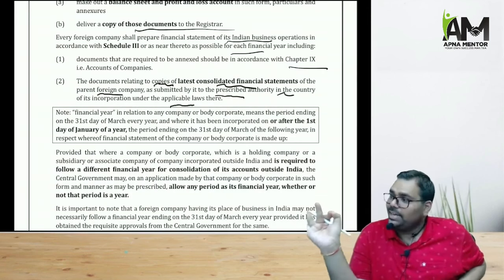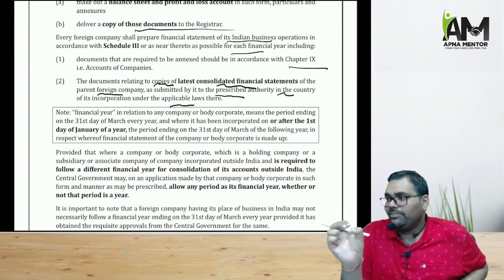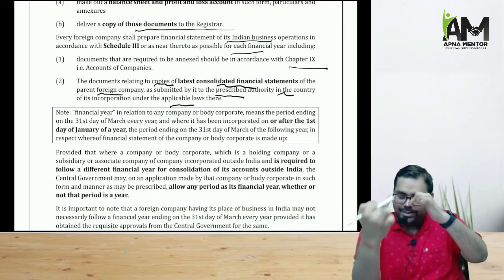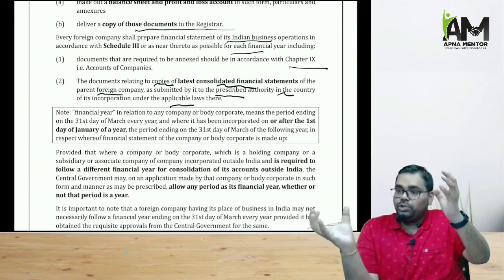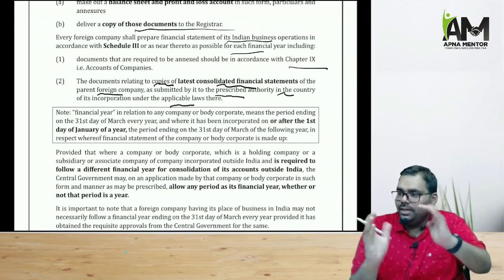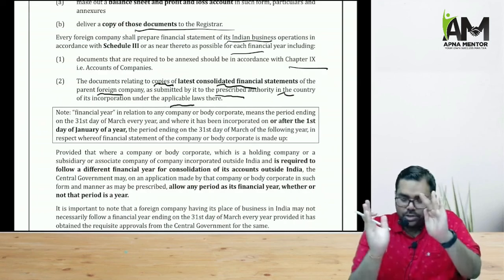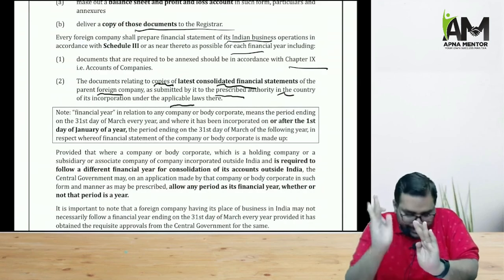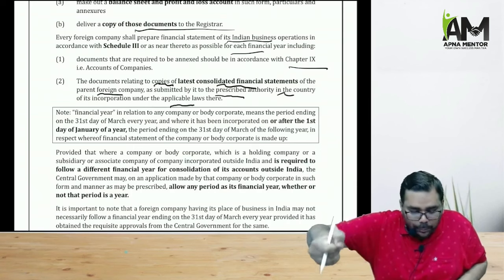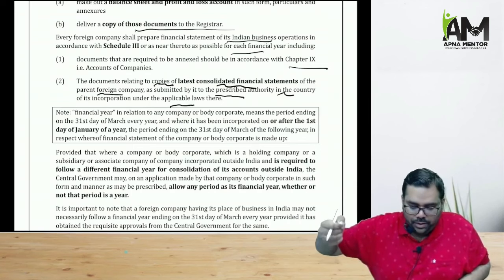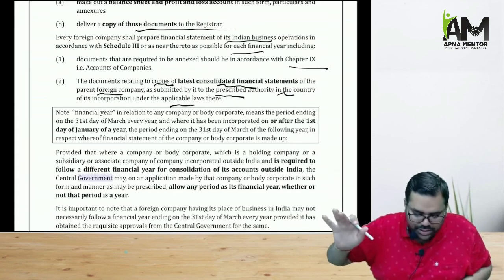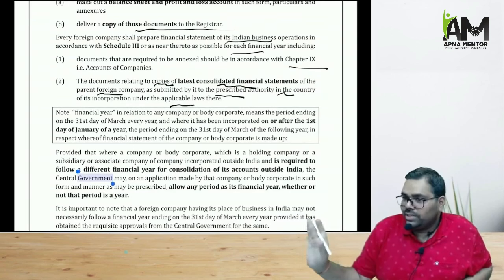So the accounts of the Indian company you prepare as per Schedule 3 and submit, but the consolidated financial statements that your foreign parent company prepared and submitted to the foreign government, give a copy of that to our ROC also, because you are doing the business here.